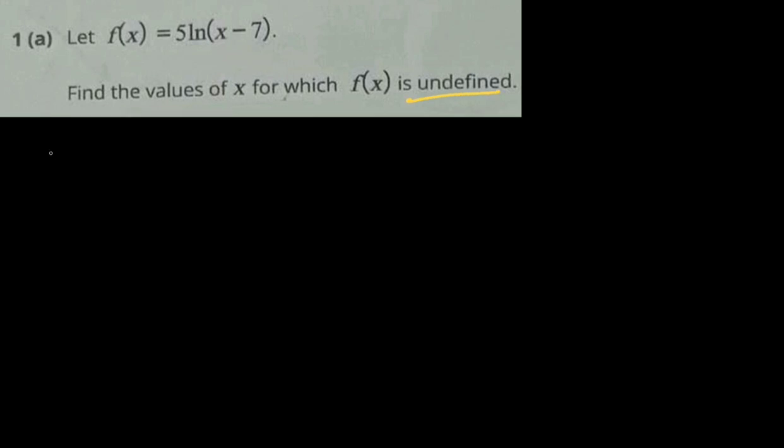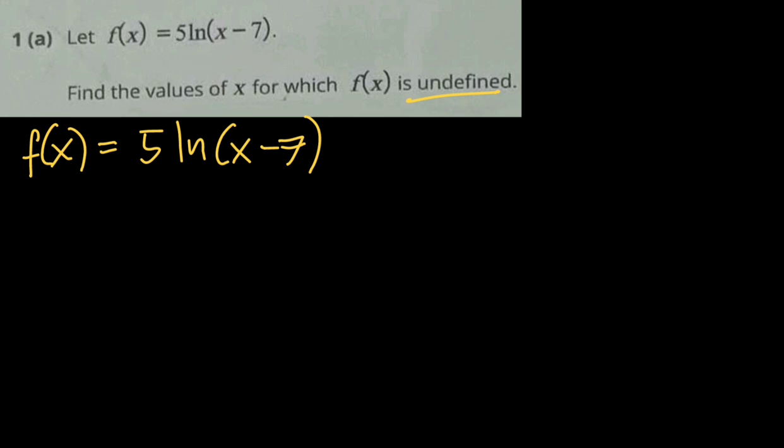So we're given here this function f of x equals 5 ln of x minus 7. So this is a function with the natural logarithm. Let's recall the domain of the natural logarithm. Let's say the function ln of u.